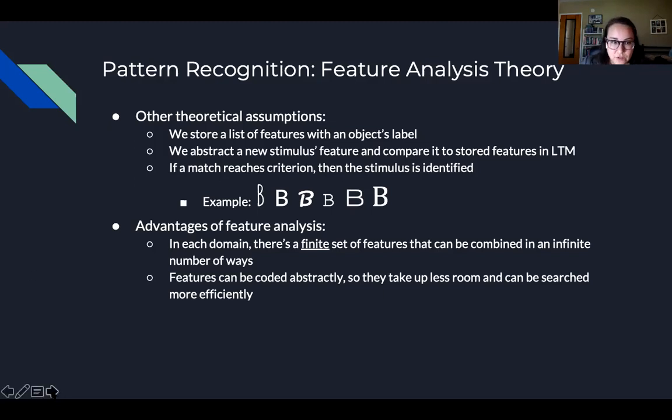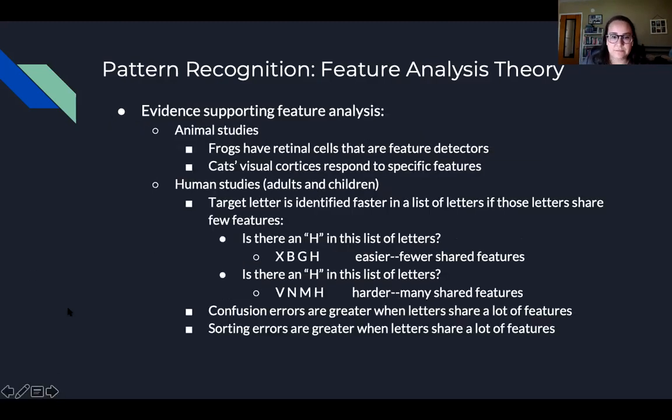And so some evidence for this theory. Looking at animal studies, like we talked about on Wednesday, frogs appear to have retinal cells that detect specific types of features. There are 2 important features that will determine whether a frog will recognize a stimulus as a bug and then try to catch it.